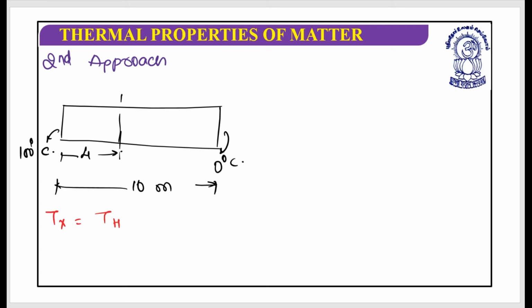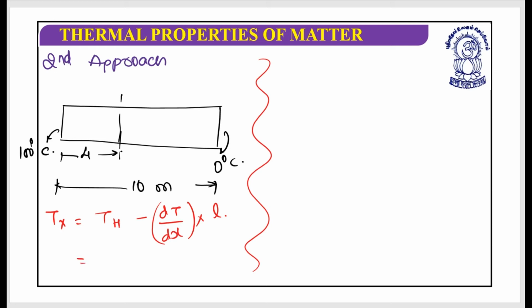So what I understand is that Tx could be written as T high minus dT by dx multiplied by the length that we want. So this is equals to 100 minus dT by dx, which is the difference of 100 degrees Celsius and 0 degrees Celsius, so 100 minus 0 divided by total length of 10 meter, multiplied by the length that you want, which is 4.